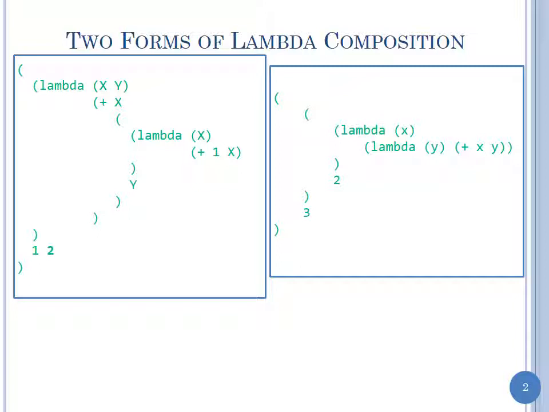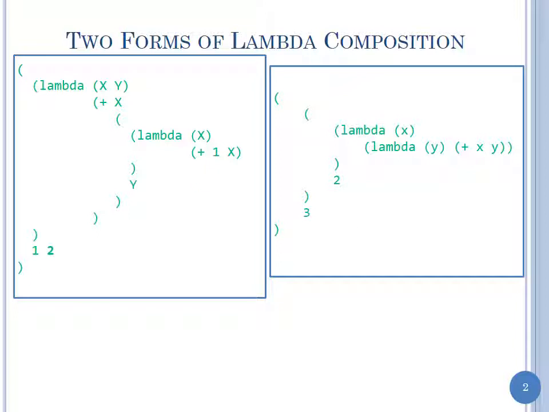Evaluating it? What's the right-hand side doing with the inner lambda? It's defining a new lambda with the x as input. What does it do with the inner lambda? It defines it. No, it just defines it.